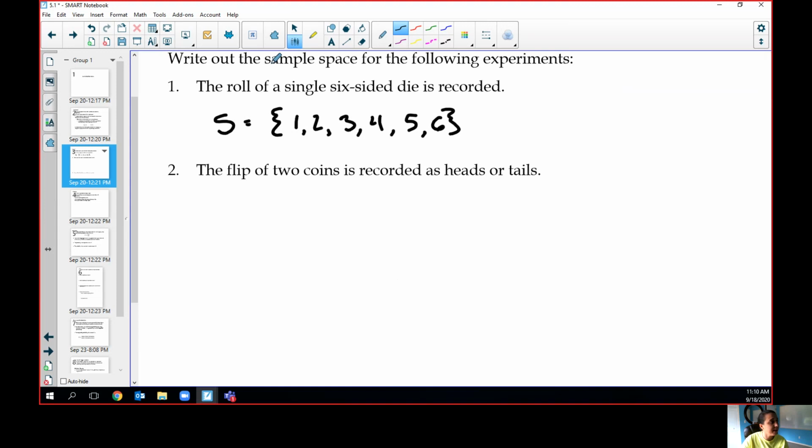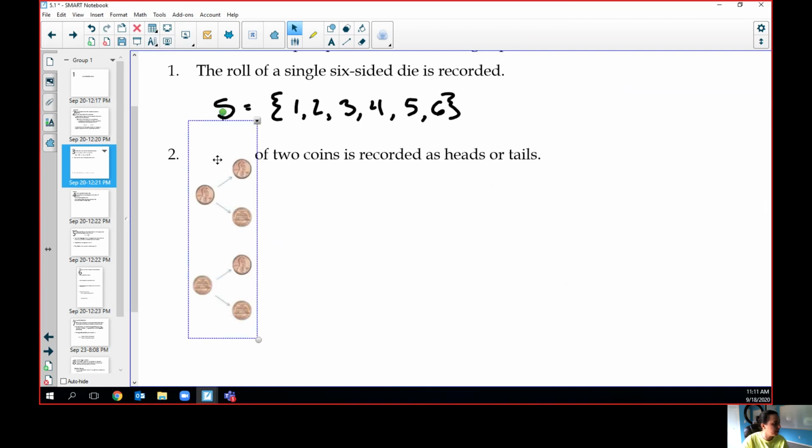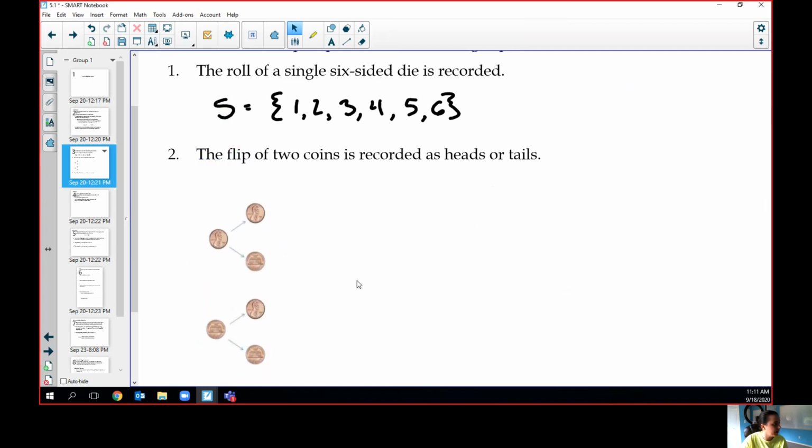We can do the same thing if we flip 2 coins. So on our first coin flip, we could get either a heads or a tails.